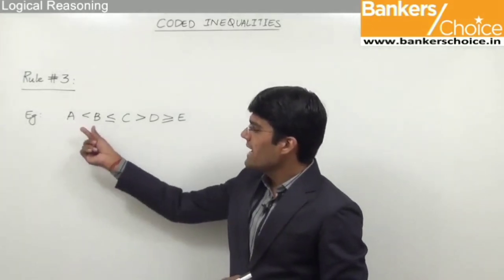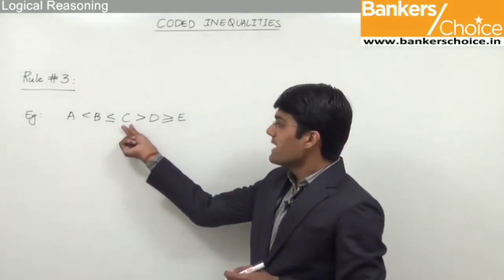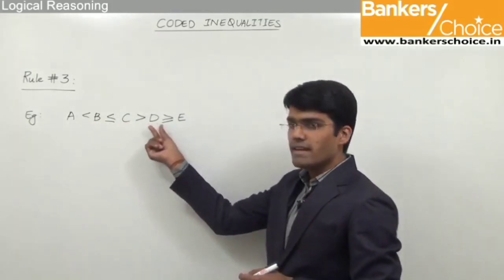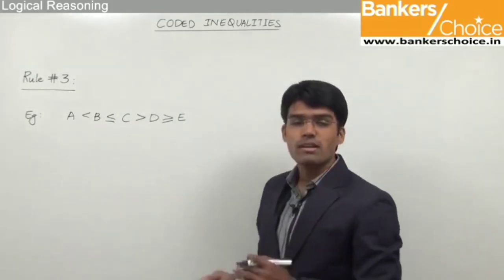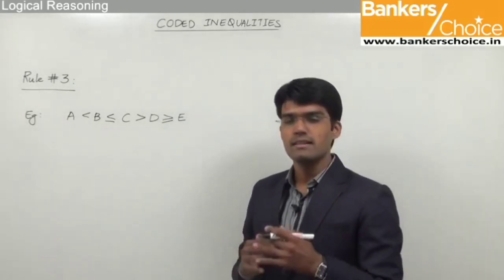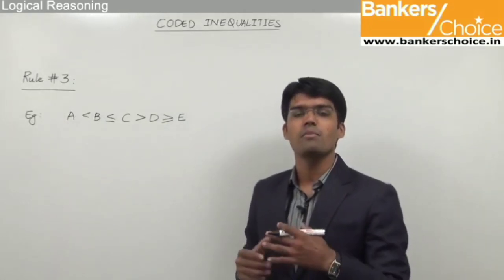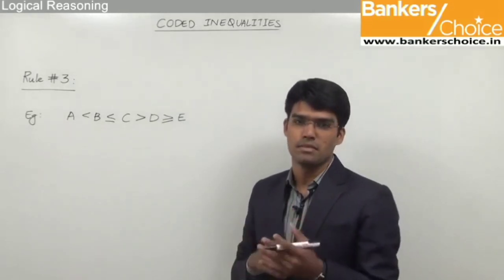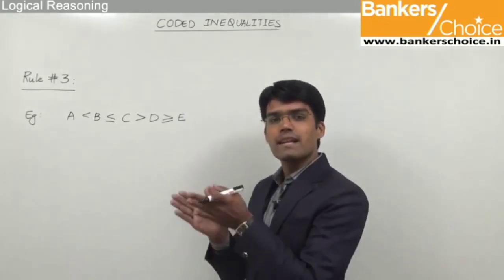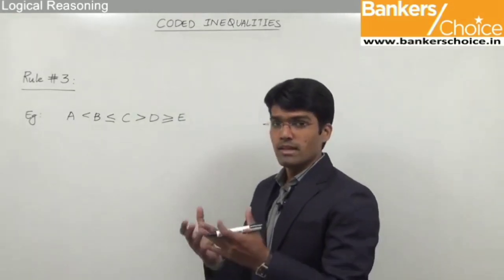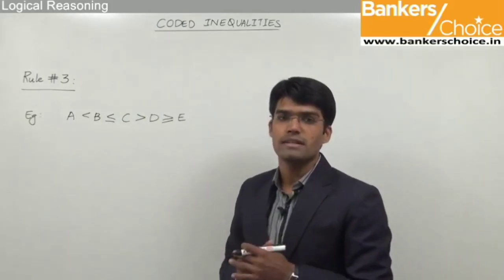As you can see, A is less than B, less than or equal to C, greater than D, greater than or equal to E. So this inequation has got dissimilar inequalities. Dissimilar inequalities are nothing but a combination of less than and greater than symbols. So if we try to compare two variables such that there are dissimilar inequalities between them, then again the relationship cannot be determined.